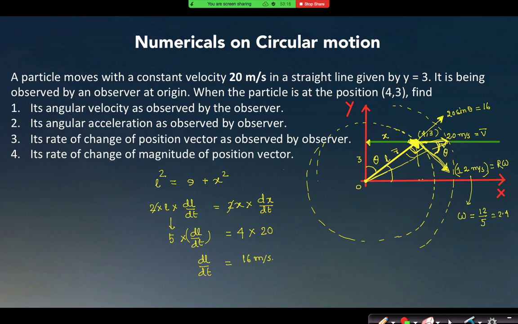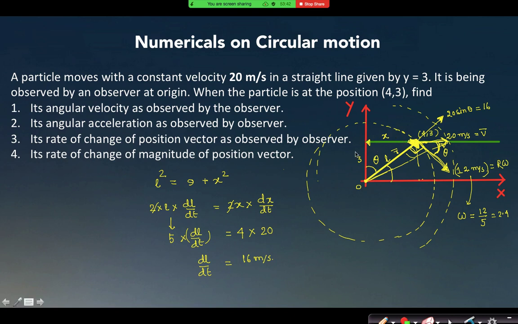So that means no straight line motion is purely a straight line motion; it depends on the observer. Yes, it depends on the observer. Look, the motion of the particle is a straight line. Yes, the motion of the particle is a straight line, but that straight path can be a combination of different instantaneous circular paths, right?